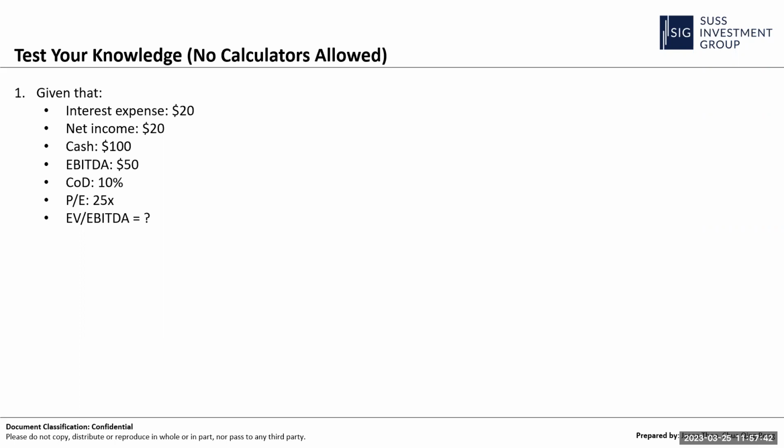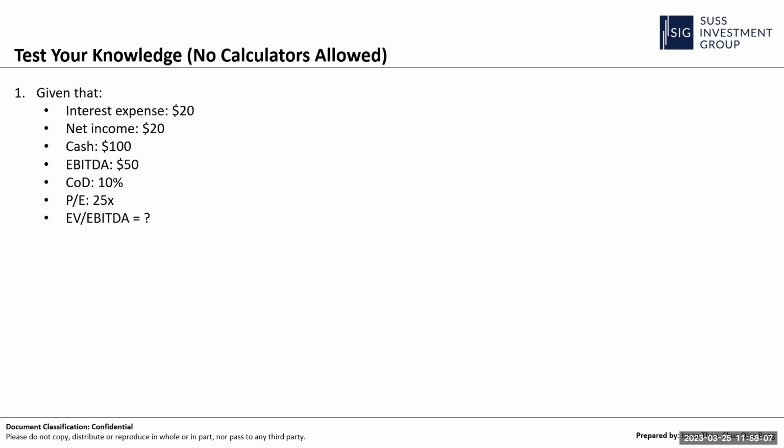You just need two variables. Your equity value equals your PE times net income, which is basically 25 times 20, which is 500. Okay, so now your equity value is 500.